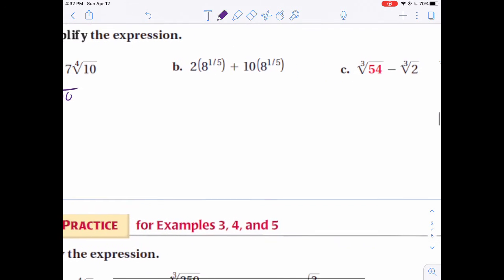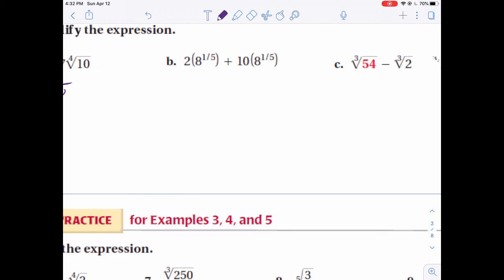Now they have written a rational, fractional exponent. Again, this could be written as 8 to the fifth root, correct? But it's written as a fraction, so we can just work with them as they are.